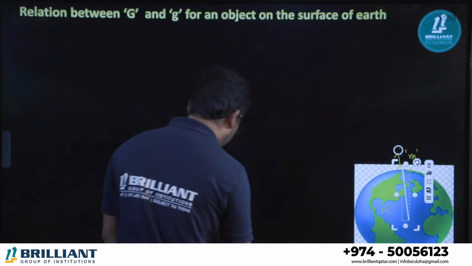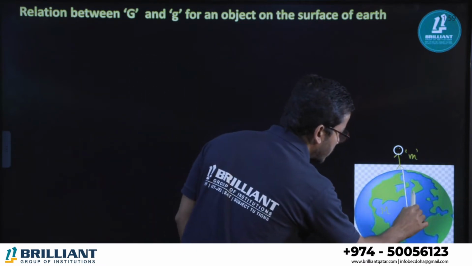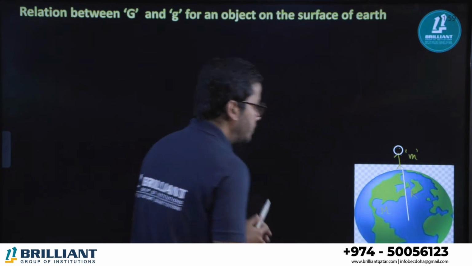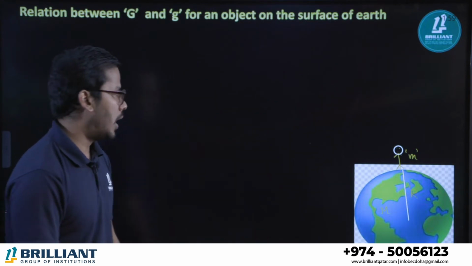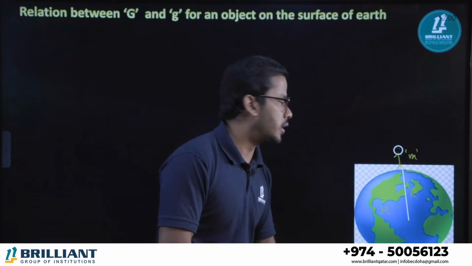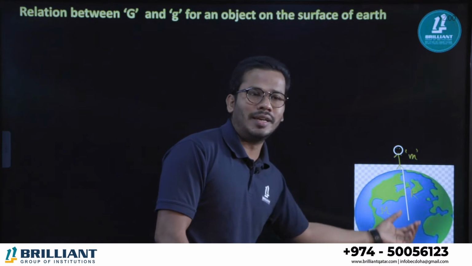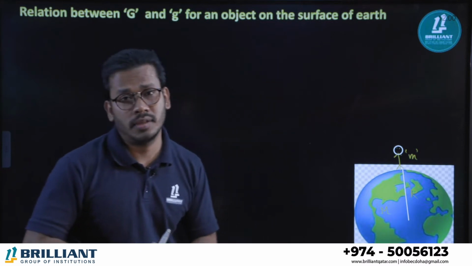So mark this point. Once again, I consider the mass of the object. Who is the object right now? Ahmed, right? It is small m. Mass of the Earth is capital M, and the radius is the distance between them, that is r.